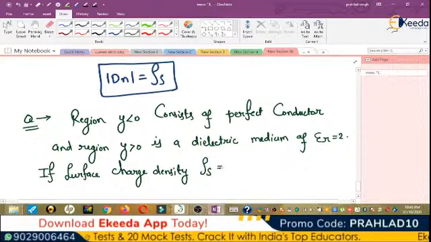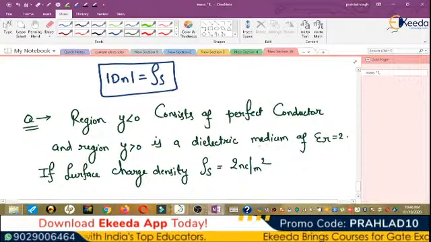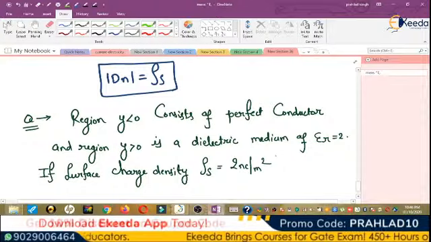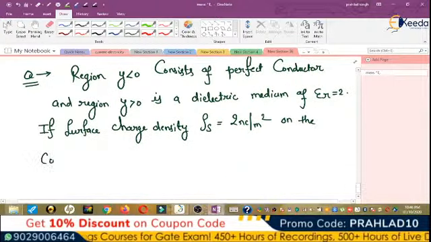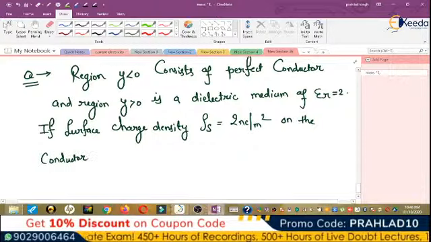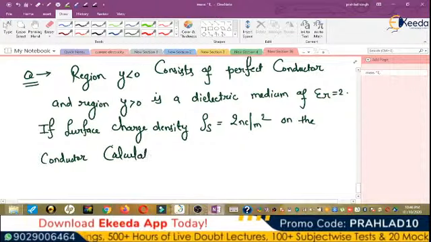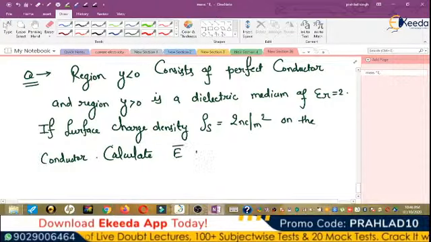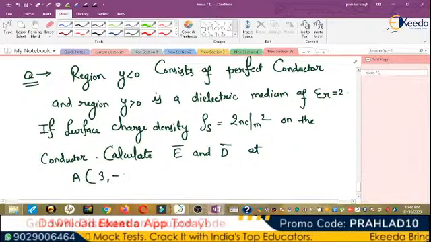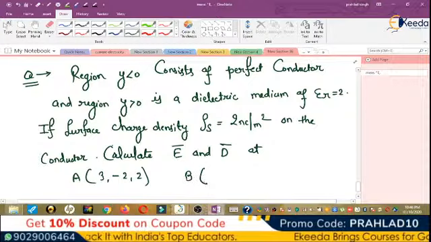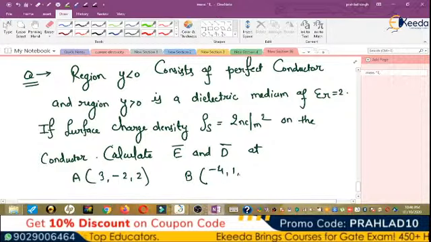If surface charge density rho s is equal to 2 nanocoulomb per meter square on the conductor, calculate electric field intensity and flux density at point A (3, -2) and point B (-4, 1, 5).